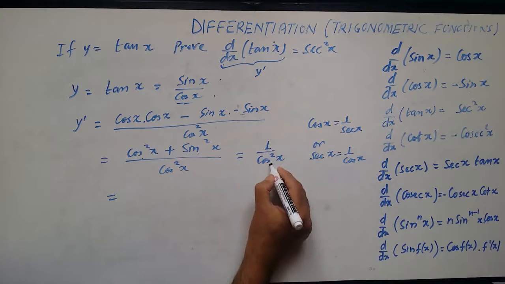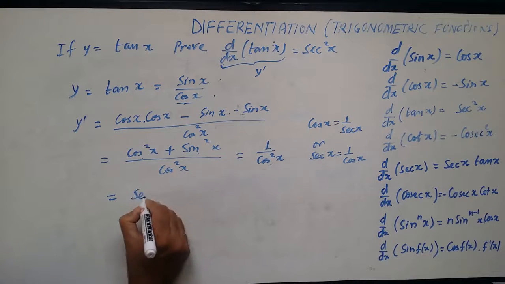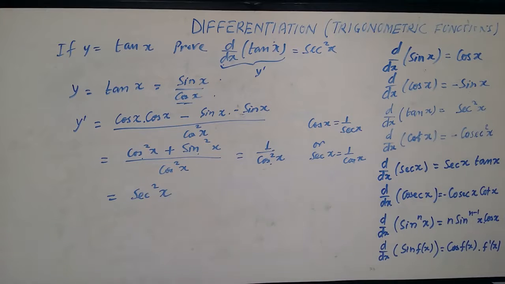So this is a reciprocal of cos x is sec x. So we can write here sec square x.